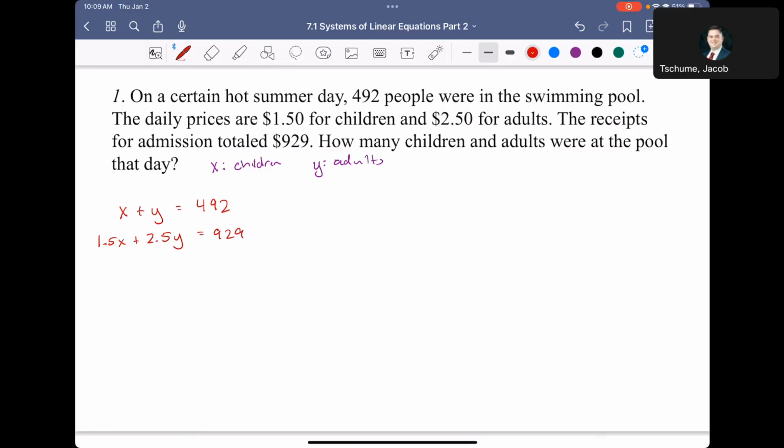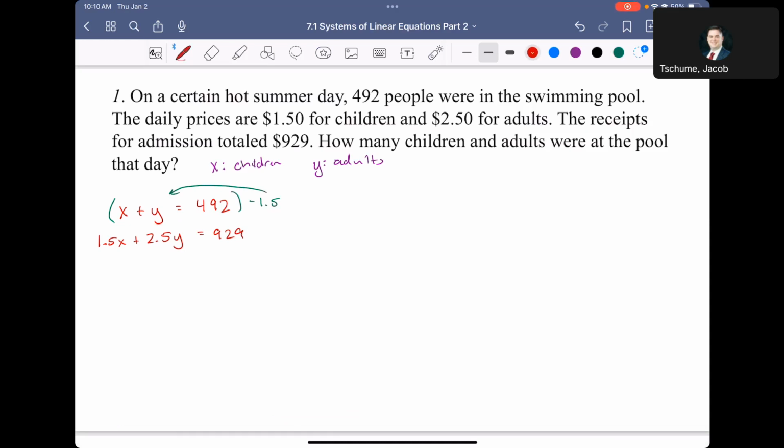So similar to the last video, I'm going to do my addition method, and I either have to get rid of X or Y here. I'm going to choose to make X opposites. So to make the X values the exact number but opposite, I'm going to multiply everything in the first equation by negative 1.5.